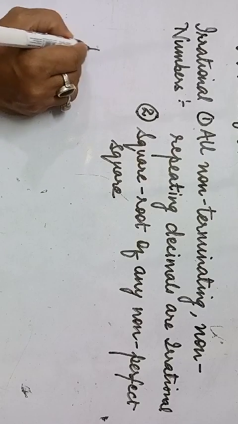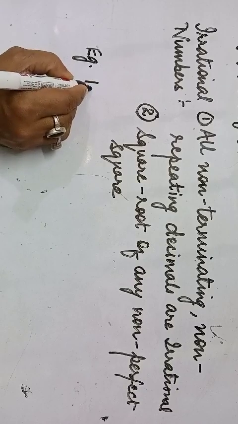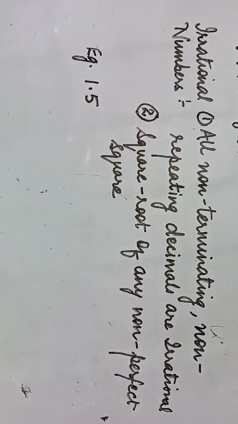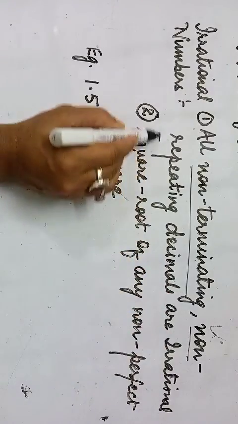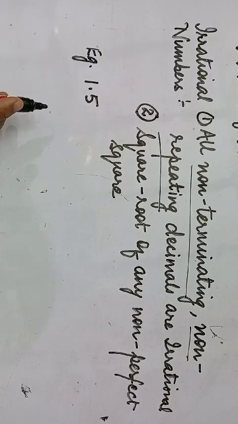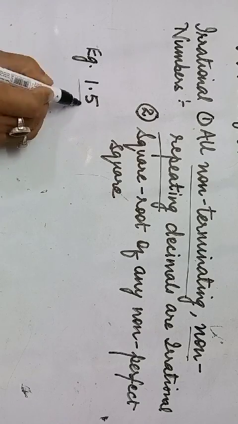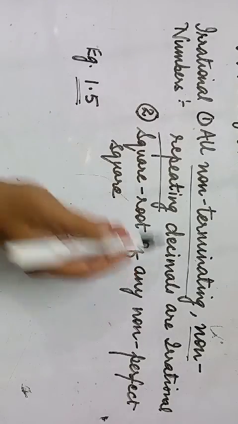Let's say we have a number 1.5. Now we are going to understand these two terms, non-terminating and non-repeating. Terminating means ending. So if somebody writes a number 1.5, that is certainly a decimal number. We are talking about decimal numbers here.